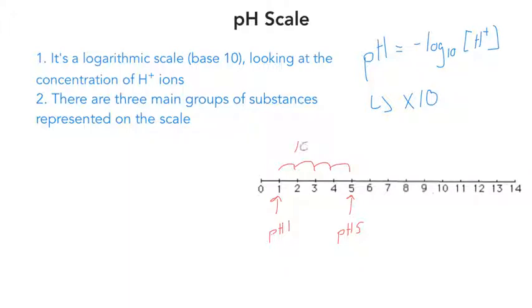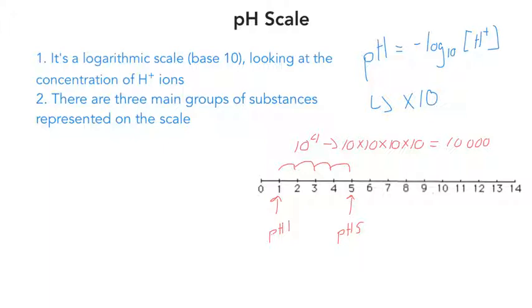So the difference in strength would be 10 to the power of 4, or basically 10 times 10 times 10 times 10, which would give us a substance that is 10,000 times stronger. So in practical terms, it's good to know that every single increment increases by a factor of 10.